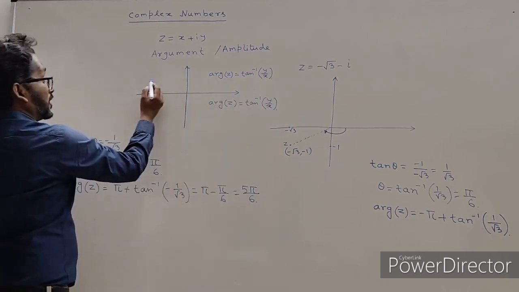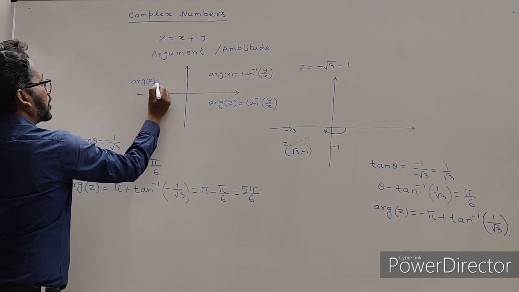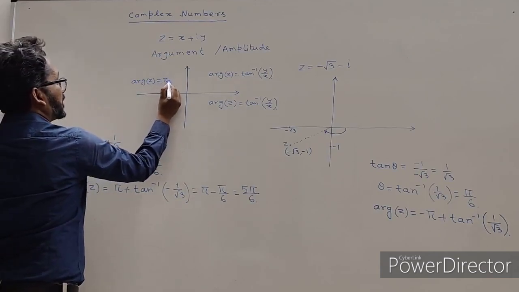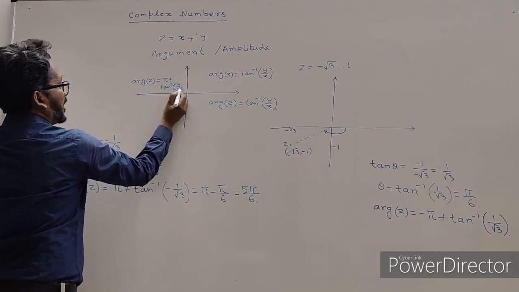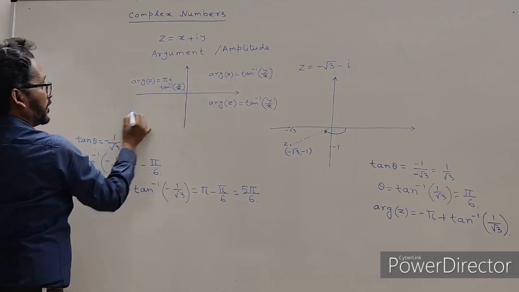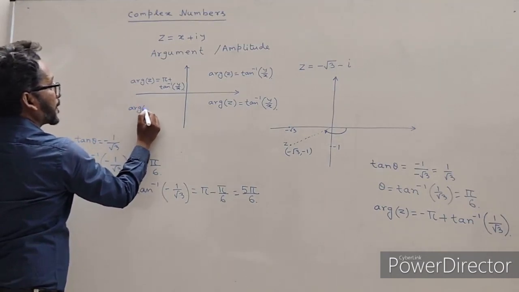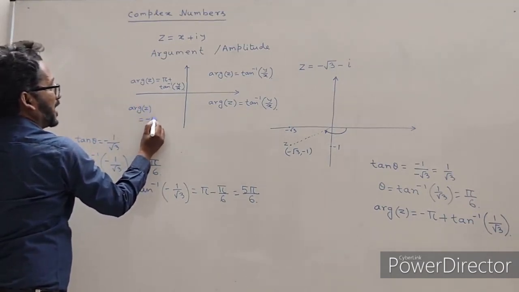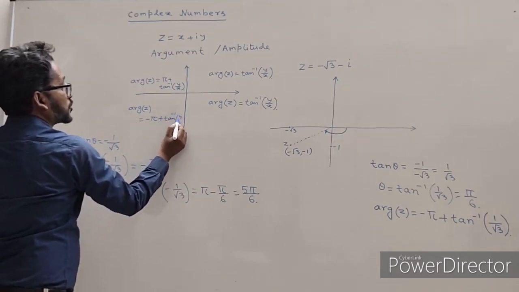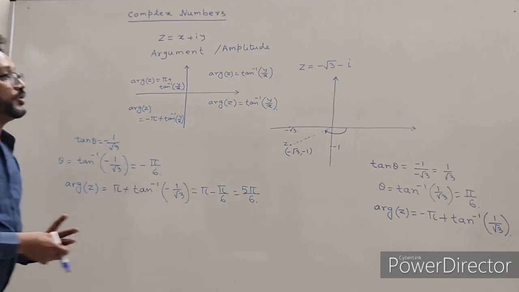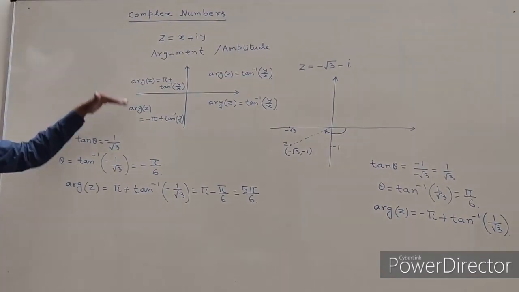When it is lying in the second quadrant, argument of z is pi plus tan inverse of y by x. And when it is lying in the third quadrant, then argument of z is minus pi plus tan inverse of y by x. So before finding the argument, we need to know which quadrant it is lying in. Depending on that, the formula for argument will change.